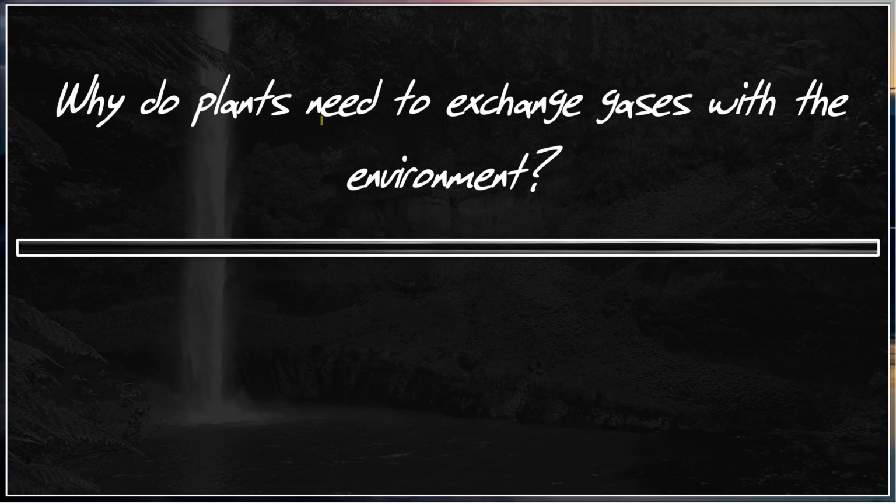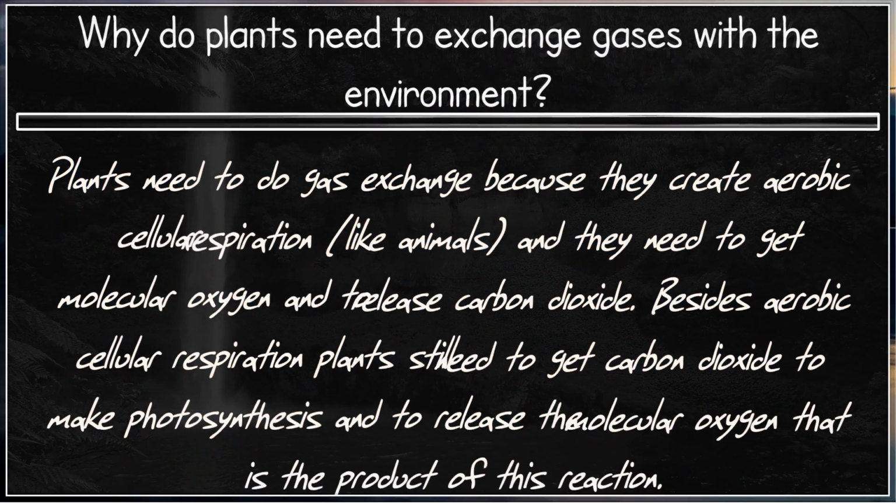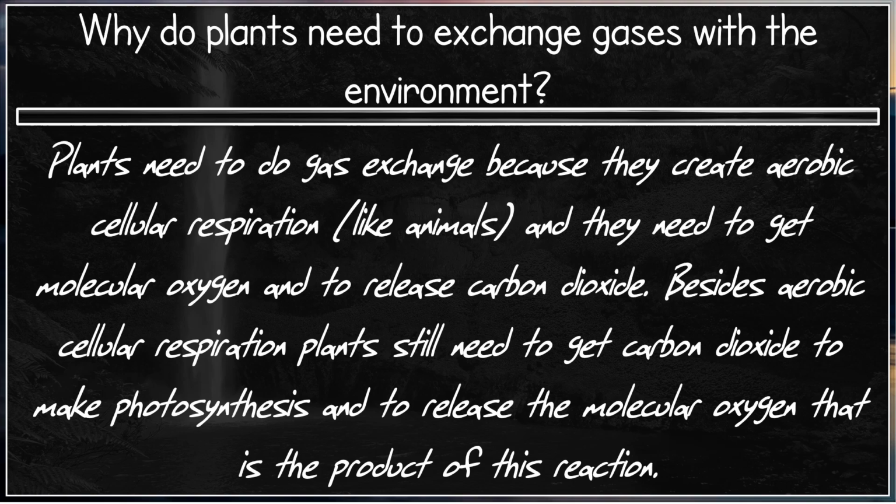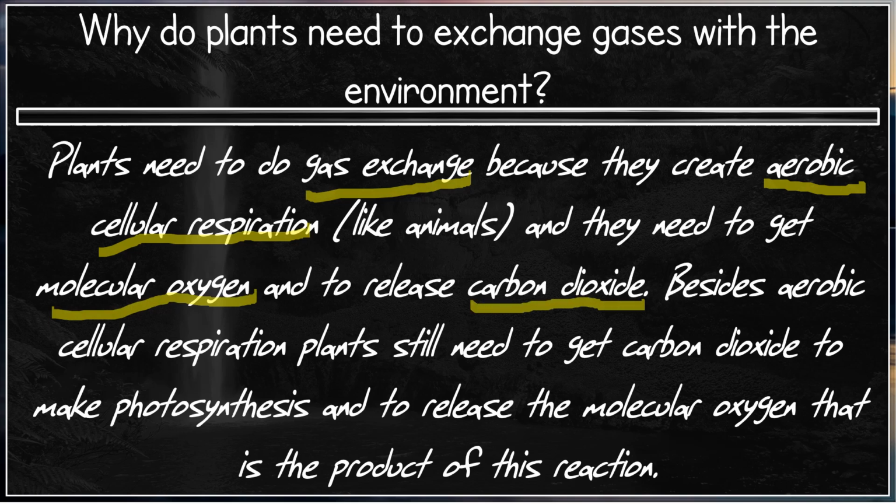Why do plants need to exchange gases with the environment? Plants need to do gas exchange because they perform aerobic cellular respiration like animals, and they need to get molecular oxygen to release carbon dioxide.